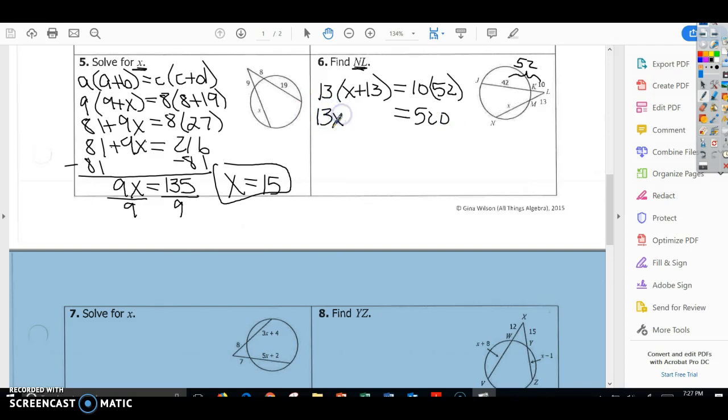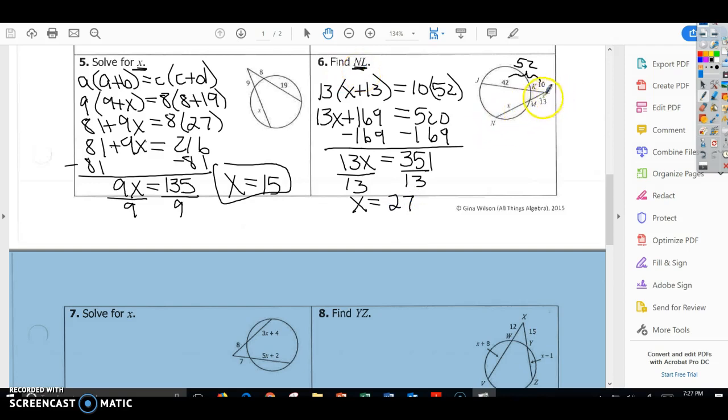I can distribute over here and get 13x. And then 13 times 13 is 169. Subtract. And that should give me 351. So x is 27. Now, how do I find NL?